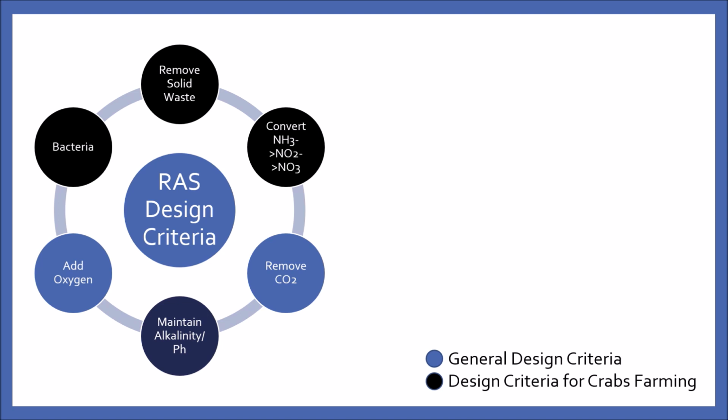These 6 points are general for any RAS systems. However, for crabs, we only have to worry about the 4, which is pathogens in the form of bacteria and viruses, removing solid waste, converting ammonia to NO2 to NO3, while maintaining alkalinity and pH.